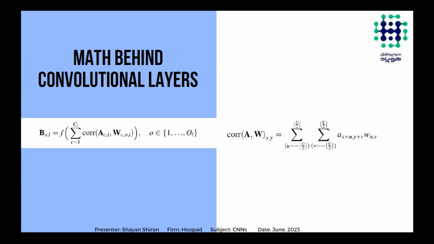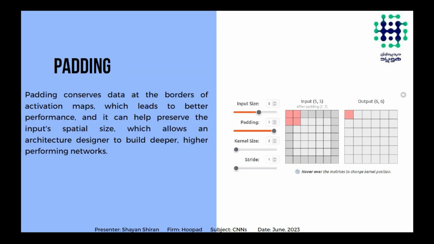I have a question. Do we always do this padding? Because I saw in networks that the size gets smaller in the next layers, and I think they don't do padding in the next layers.